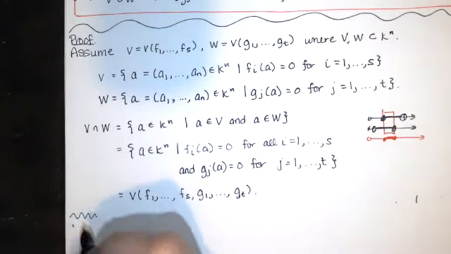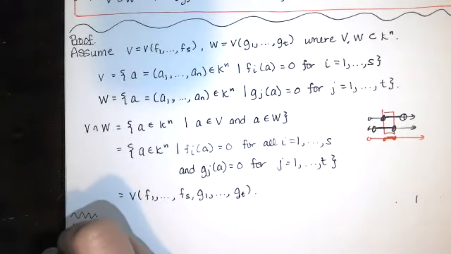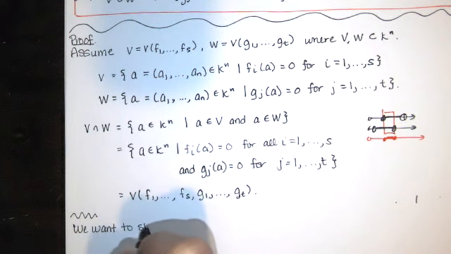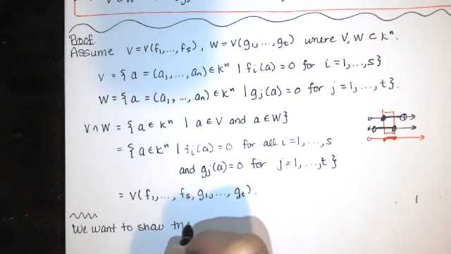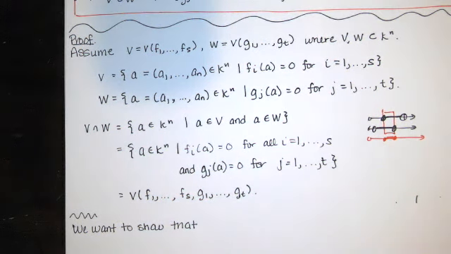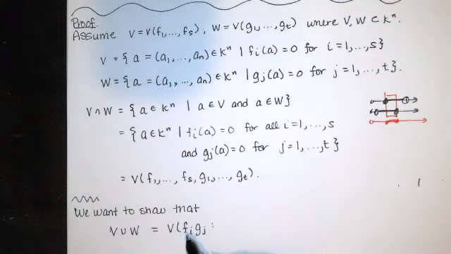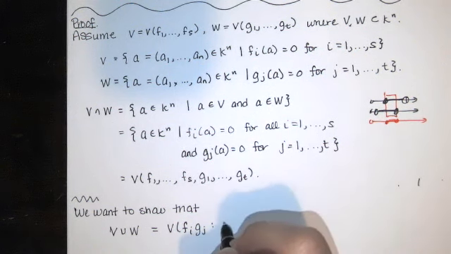So we want to show the following. We want to show that the union of V with W is equal to this product, or the variety defined by these products. You take the polynomials that define V and the polynomials that define W and you multiply them together.